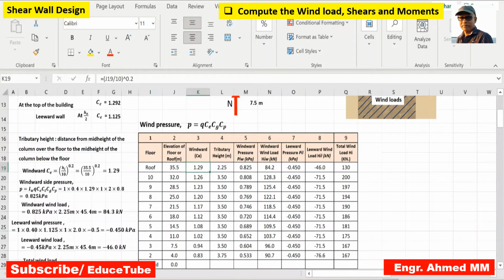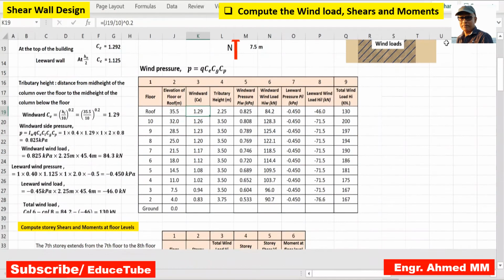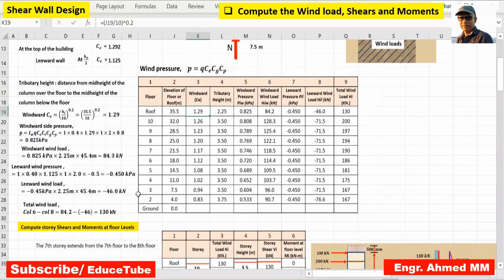I want to make it slightly bigger. Now it's okay. So we got the windward CE, 1.29, using this formula.